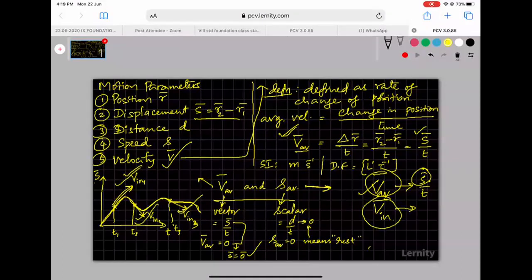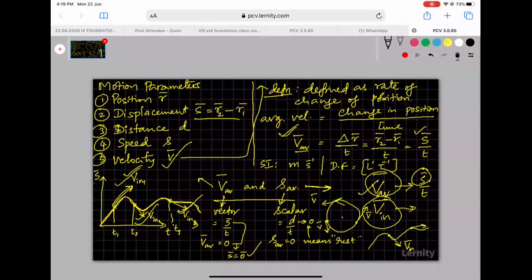You need to know the path. If this is a path and the object is here at a certain time instant, the tangent to the path at that instant gives you the direction of instantaneous velocity at that point. If the object is moving in a circular path, at this instant the particle has a velocity in this direction, at this instant in this direction, and at this instant in this direction.